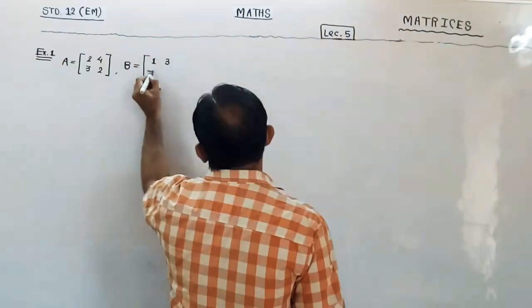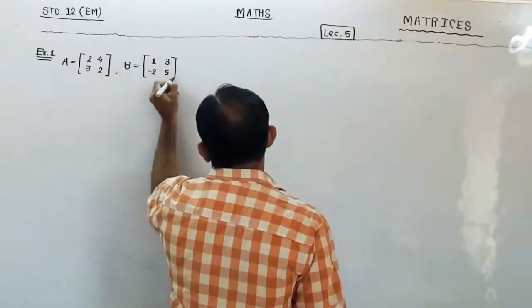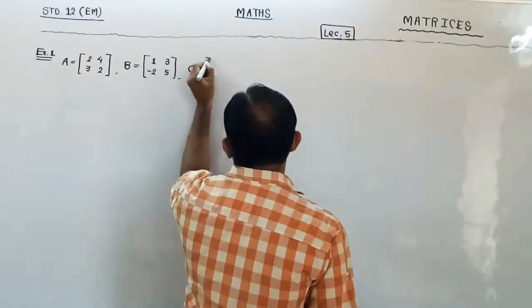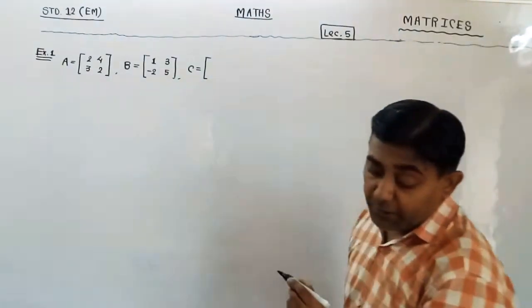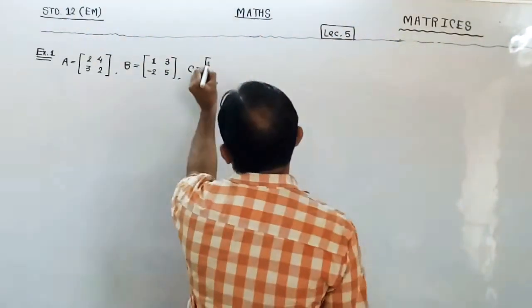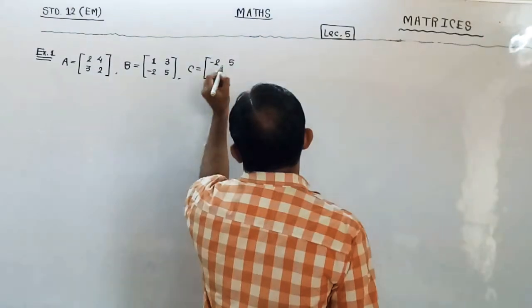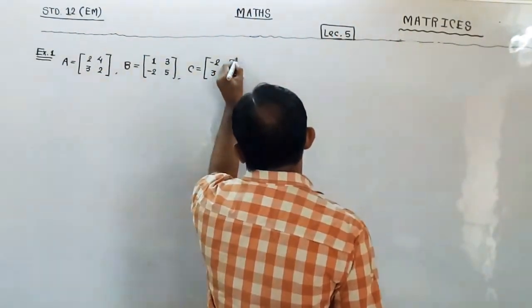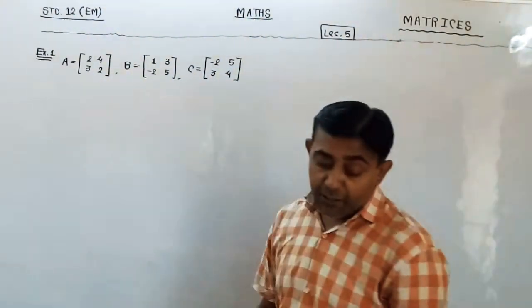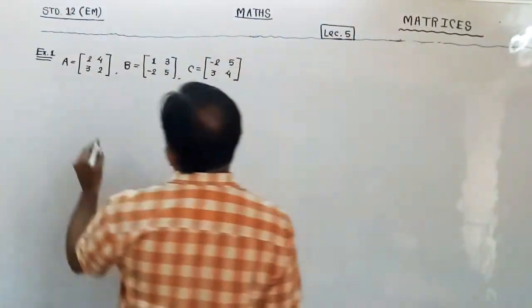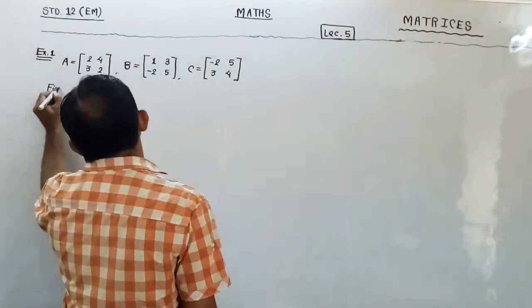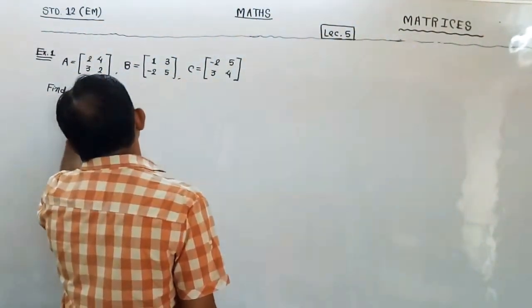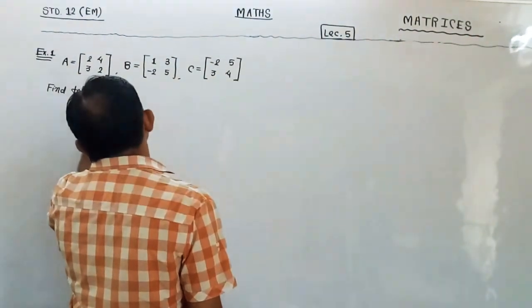The third matrix C is minus 2, 5, 3 and 4. These three matrices are given. Then find the following matrices.